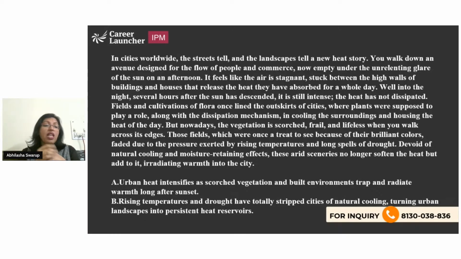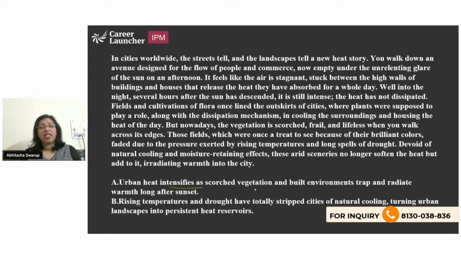Now, because of this, natural cooling and moisture retaining effects have gone down. The arid sceneries are no longer softening the heat, so they're actually adding to it. So they're actually spreading the heat into the city. So essentially, what should have been a cooling mechanism is no longer a cooling mechanism, rather, it is heating the city. So let's take a look at our options.